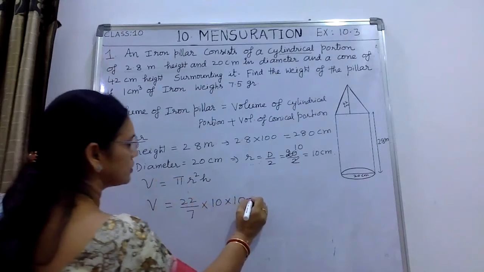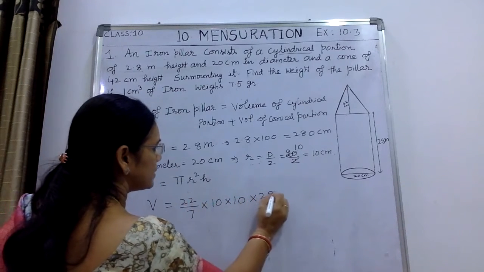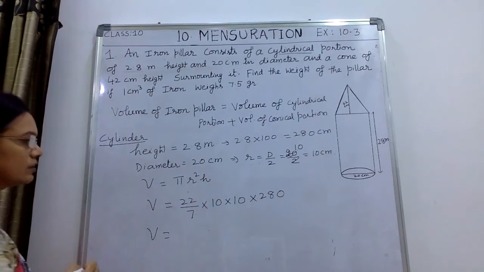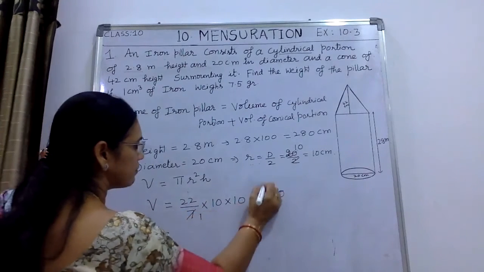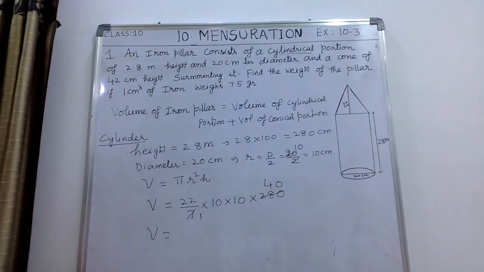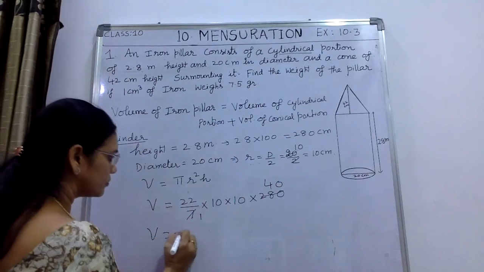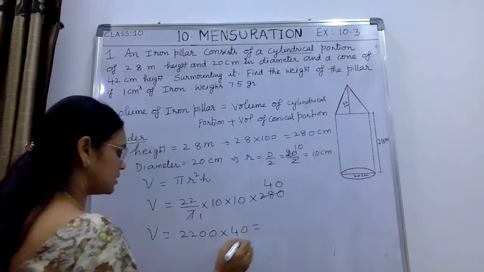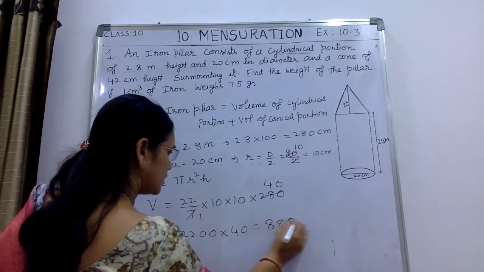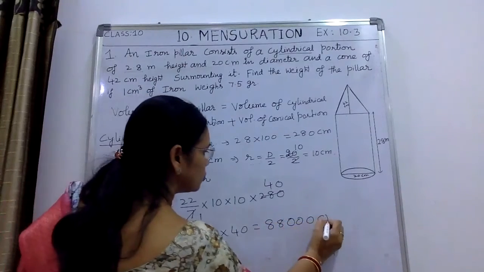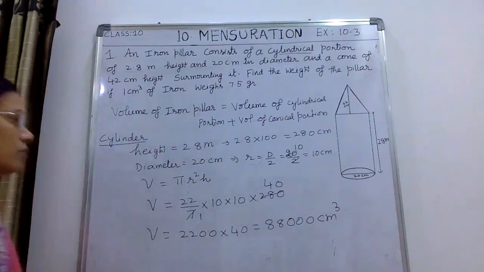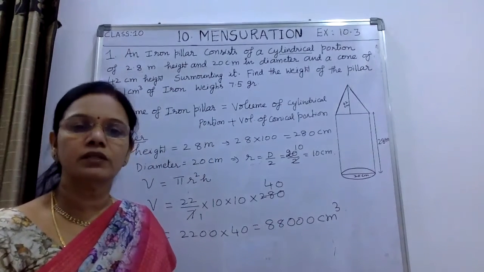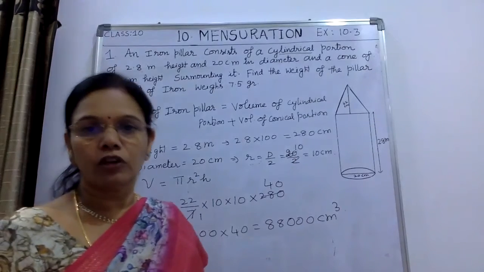And what is h? That is 280 centimeters. 7 ones are 7, 7 fours are 28. So now calculate the volume: 2200 into 40 is 88000 centimeter cube, because volume will always be expressed in centimeter cube or cubic centimeter. So now we found the volume of the cylinder.